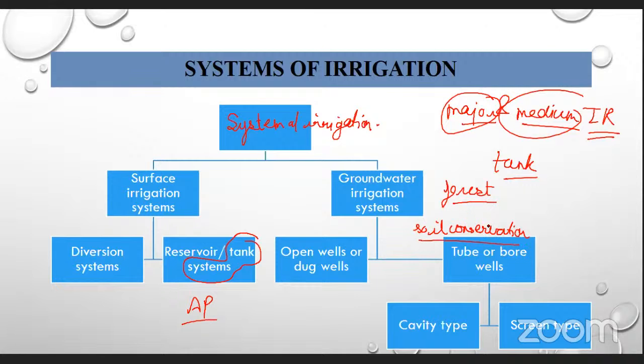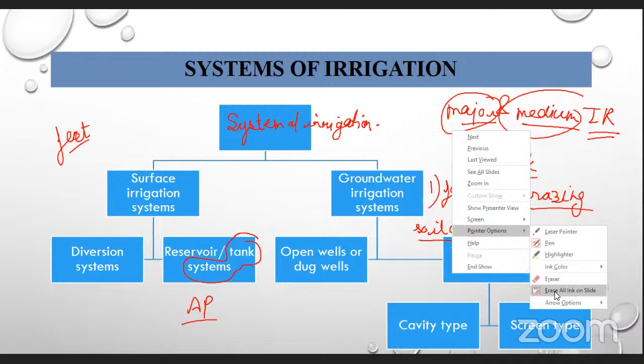So if these forests are cut, or if we allow our cattle to graze, the soil also gets eroded, meaning we should not allow overgrazing. We are also overusing the catchment area of the tanks, and because of that there is excessive soil erosion and silting of the tanks. This was the second reason.